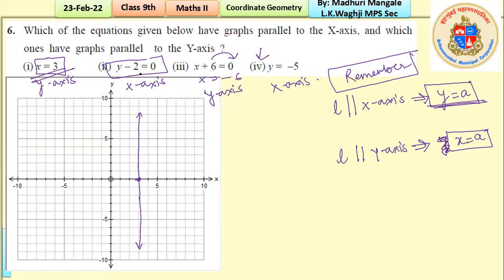For this one, you just shift the 2 to that side, so it becomes y equals 2. That means plot a point on y equals 2, over here, and then a line which passes through this point. That's the graph. Look at the third one, x equals negative 6.